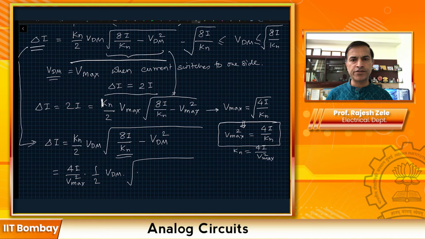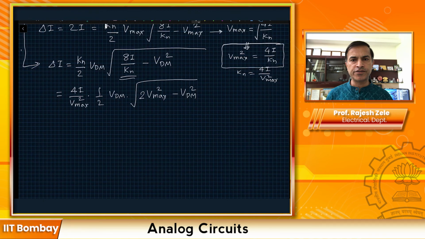So this would be 2 times Vmax square minus VDM square. So now we can rearrange the terms again, and you will see it will look like 2I divided by Vmax square, and then VDM, and in the square root we will get 2 Vmax square minus VDM square.